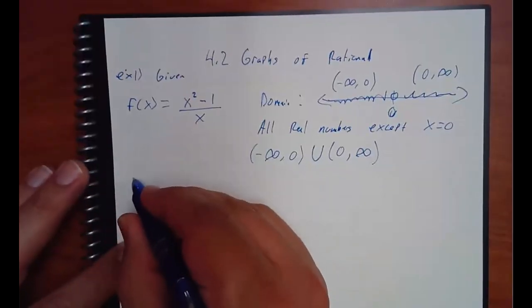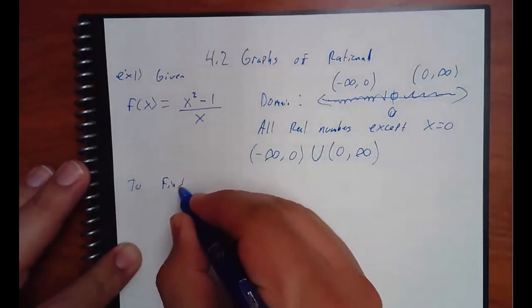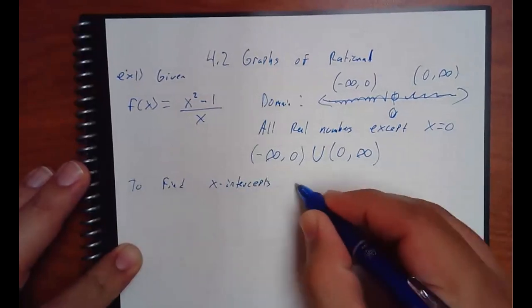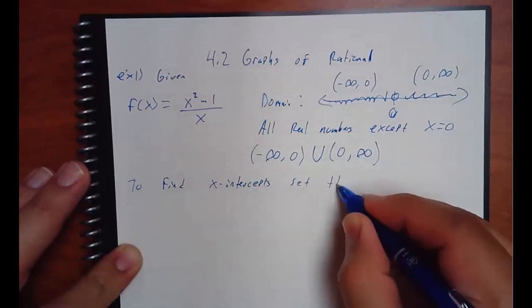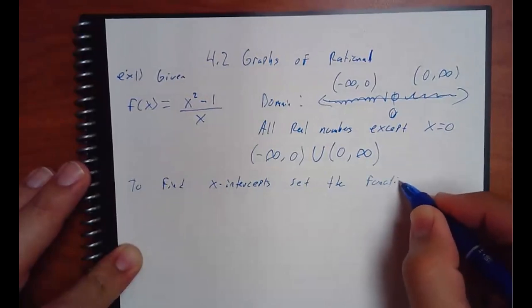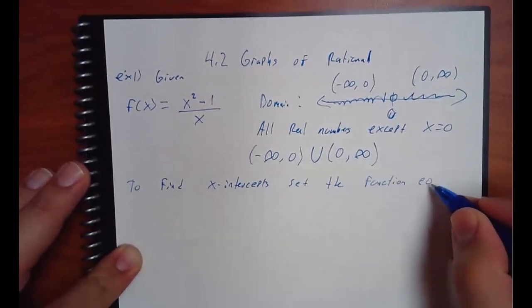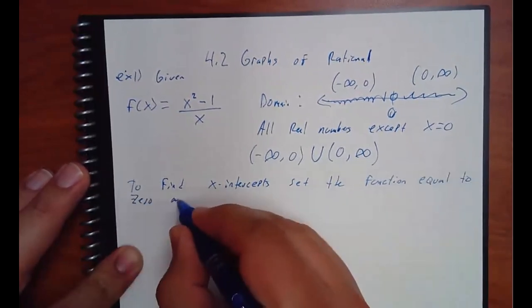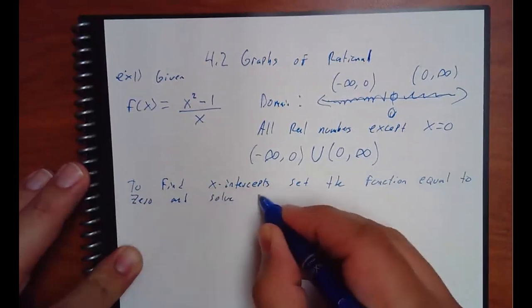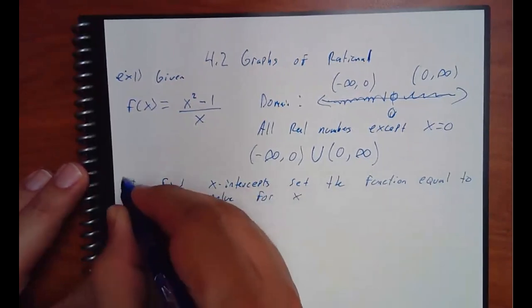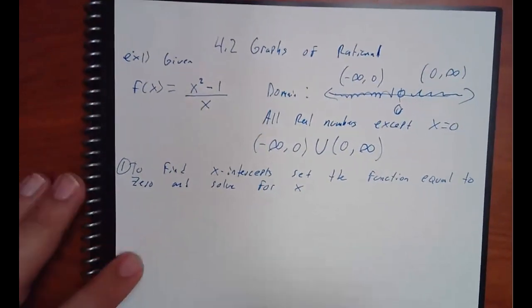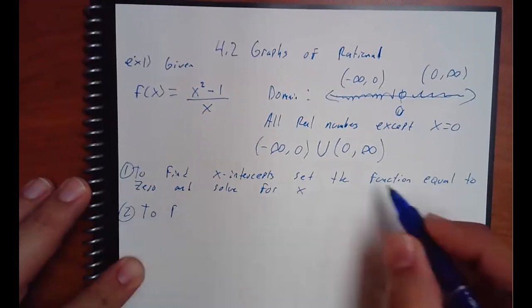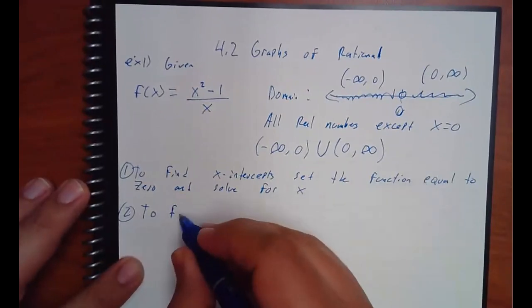I'll make you a note here. To find x-intercepts, set the function equal to 0 and solve for x. That's how you find x-intercepts for any function, not just these types. If you are unable to do so, then it doesn't have one, right?